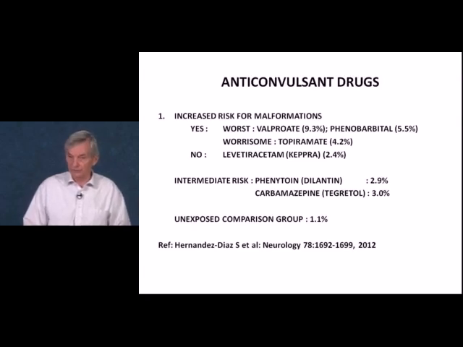In this particular control group, it's down as low as 1.1%, but in general, 2% is probably a fair comparison. And you can see 2.4% in the levetiracetam exposed compared to 2% really wouldn't be a significant difference. Carbamazepine and phenytoin are long-standing drugs. It's pretty clear their effect is only a modest increase, and you can see them listed there.